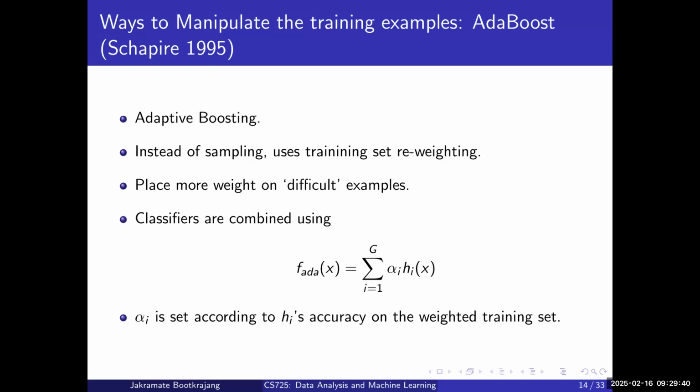Instead of sampling, so in bagging we just pick at random, here we will use the training examples to reweight. So what does reweight mean?